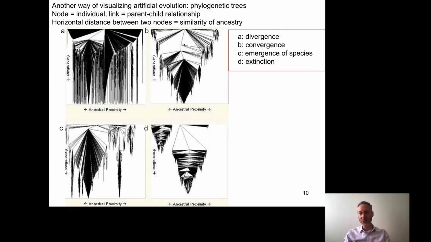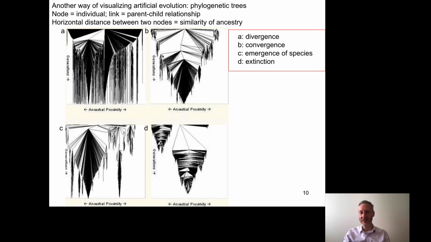The horizontal position between points represents their genetic difference. It's not perfect in this picture, but most of the time, points that are horizontally close to one another are siblings or cousins or second cousins or third cousins. And points that are horizontally very distant from one another have a very distant common ancestor. You have to go a long way back to find their common ancestor.